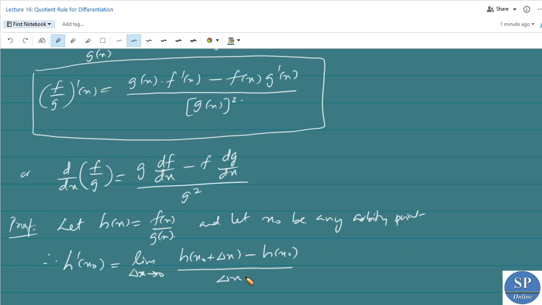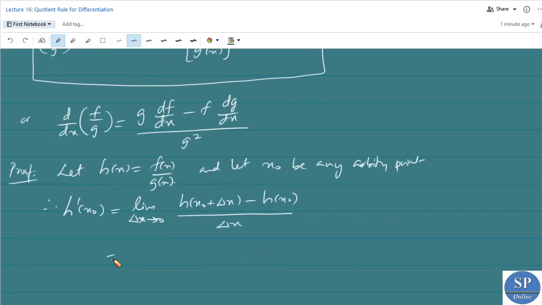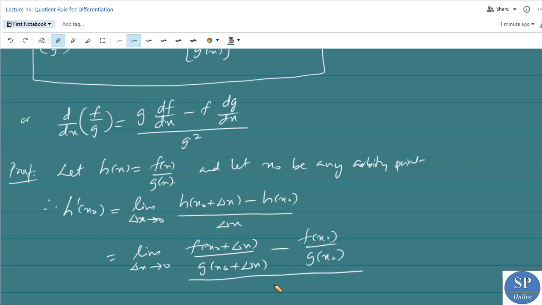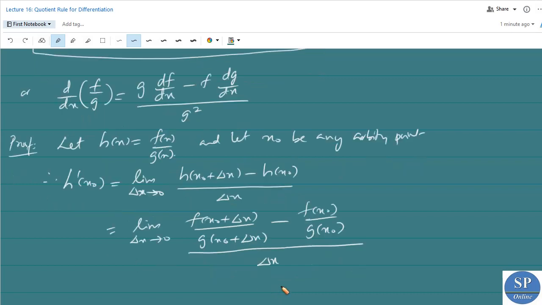Since h is equal to f of x divided by g of x, this is limit delta x approaches 0 of f of x naught plus delta x divided by g of x naught plus delta x, minus f of x naught divided by g of x naught, divided by delta x.